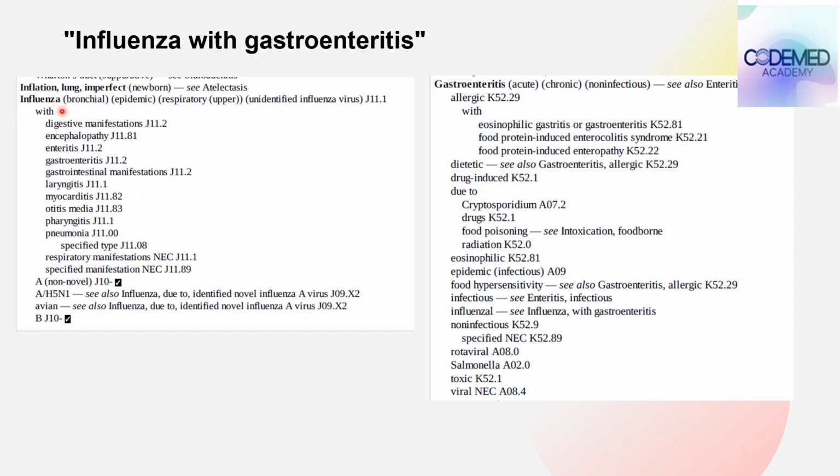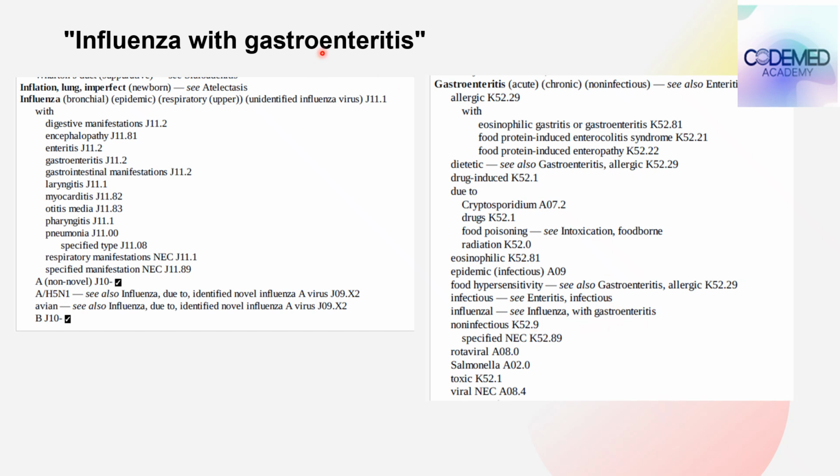So influenza with gastroenteritis, I am getting the code J11.2. Okay, now one group said, no, for me gastroenteritis is the main term. So look for it, gastroenteritis, and then you come down and you will see influenzal, because it is a gastroenteritis which is influenzal, and it will direct you to see influenza gastroenteritis.